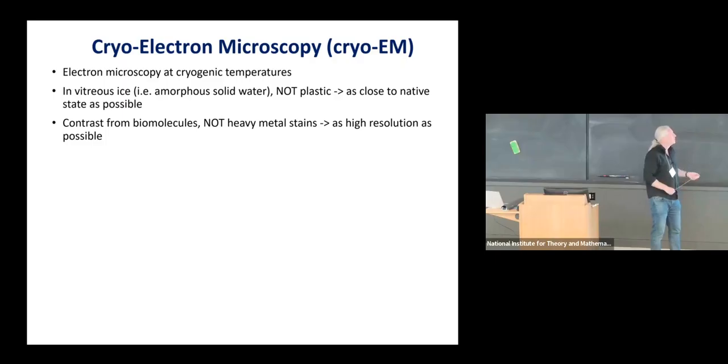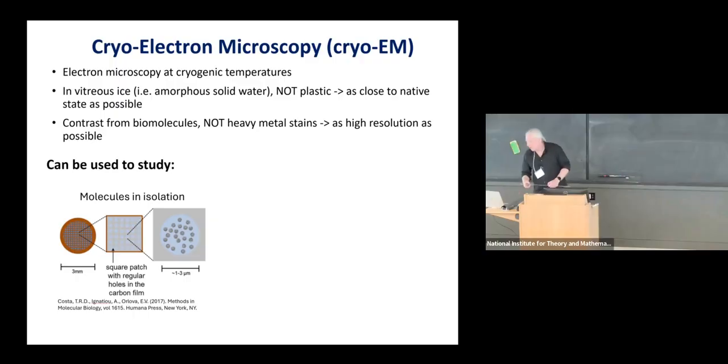Just so we're on the same page, cryo-EM is electron microscopy at cryogenic temperatures. Your proteins are in vitreous ice, amorphous solid water, not plastic. That means the proteins are as close to their native state as possible. And the contrast comes from the biomolecules themselves, not heavy metal stains, as would happen in plastic samples, which means you can get as high resolution as possible.